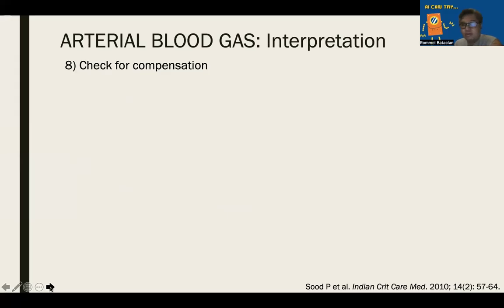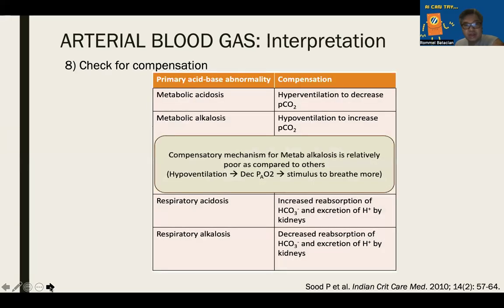And then once you've identified the primary acid-base abnormality, you have to check for compensation. So the compensation depends on the acid-base abnormality. For example, if it's metabolic acidosis, there is a primarily decreased serum bicarbonate in an acidic pH.